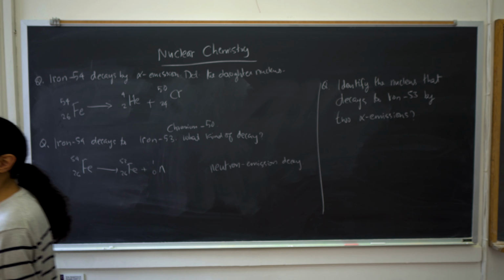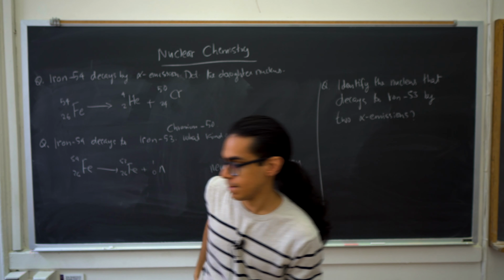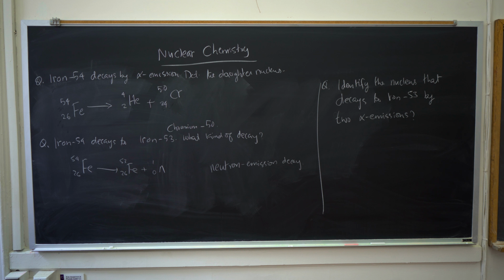Take 5 and figure that out. What nucleus decays to iron 53 by 2 alpha emissions?